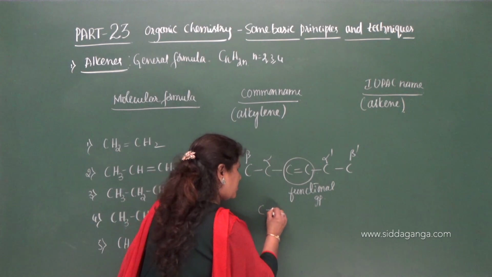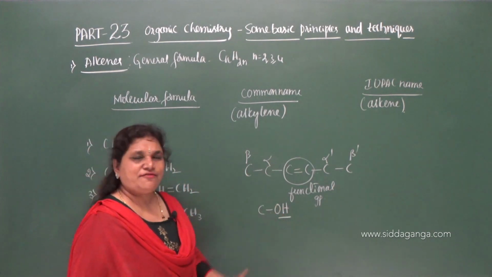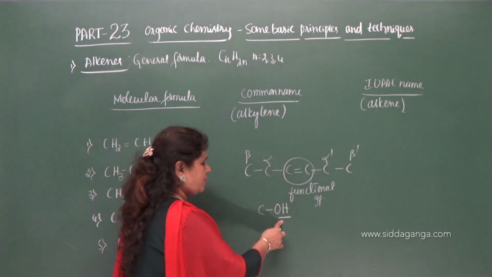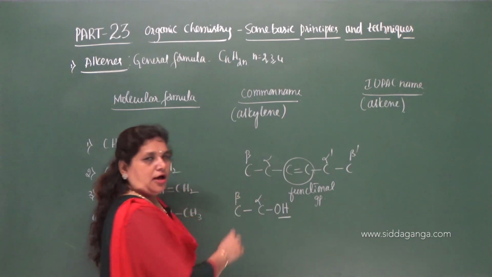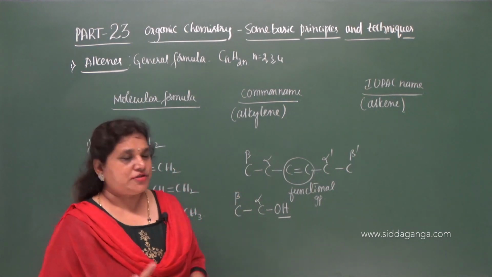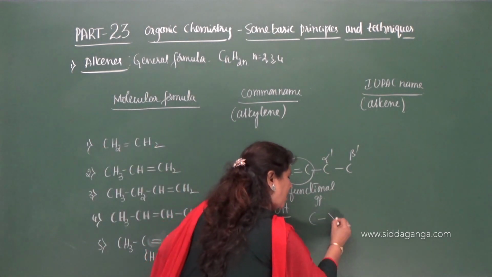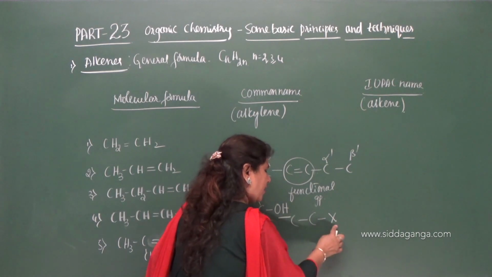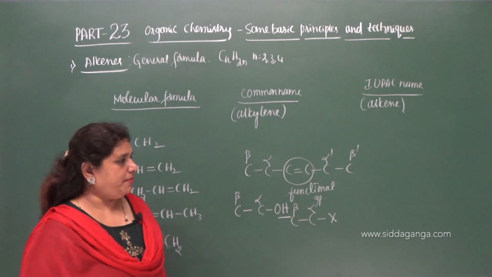Similarly, this is functional group, correct? OH is the functional group. Adjacent to the functional group is alpha carbon, and this is beta carbon. Remember, the carbon atom which is adjacent to the functional group is alpha carbon. Similarly, here we have halogen atom, and this is alpha and this is beta, alpha and beta.